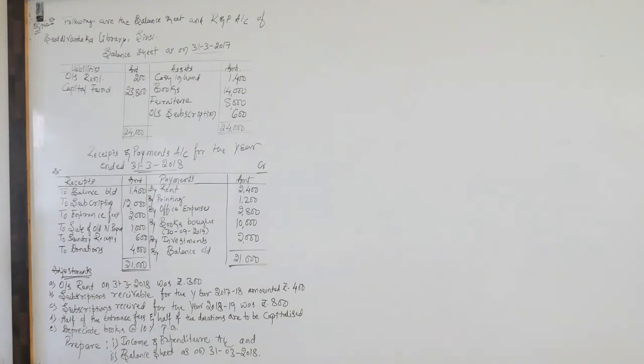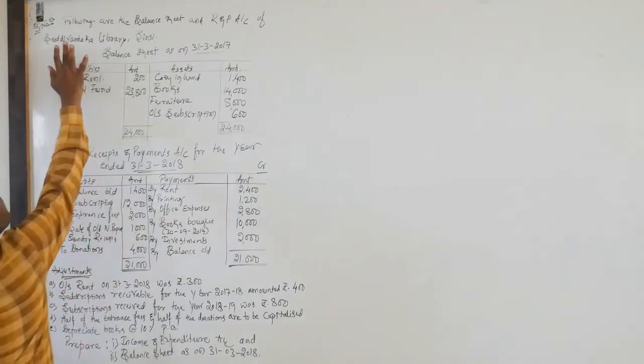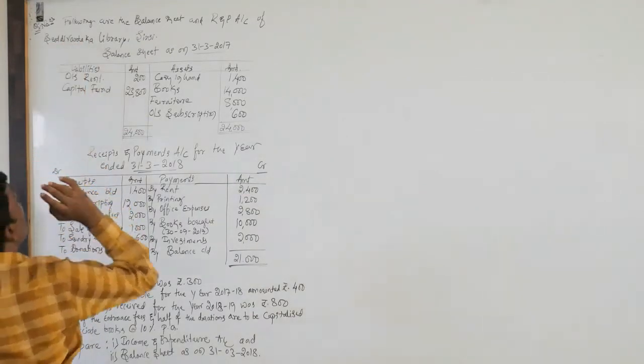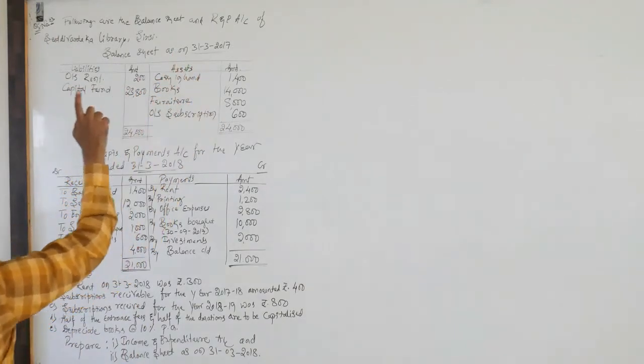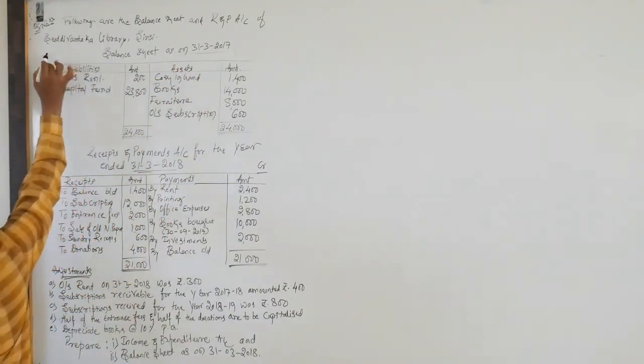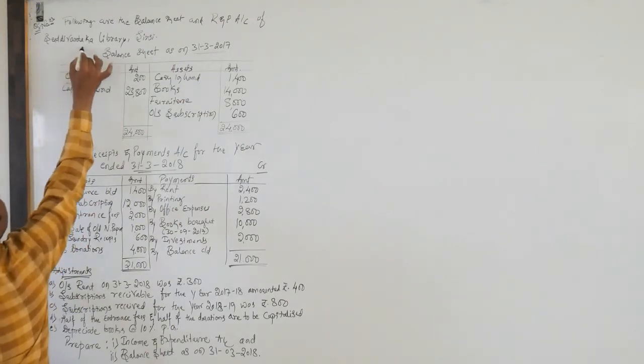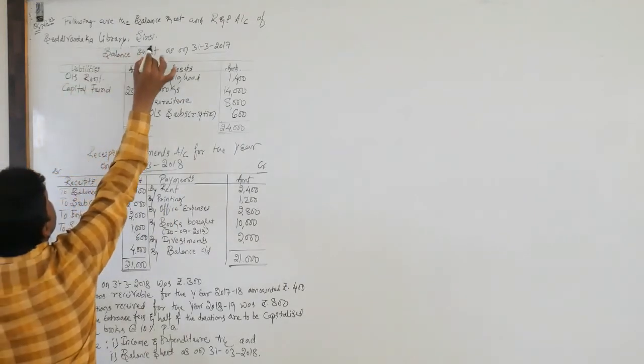I would like to dictate these adjustments along with this balance sheet and receipts and payment account. Before that, I would like to read out this problem clearly. Following are the balance sheet and receipts and payment account of Buddhivardhaka Library, Sirsi.